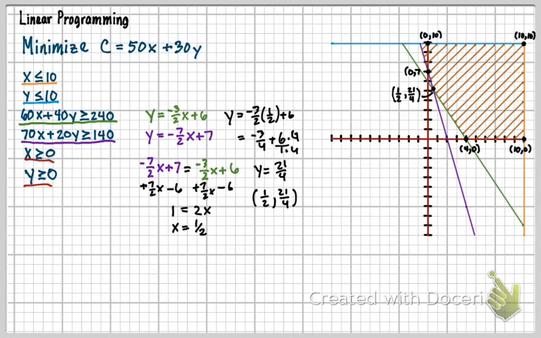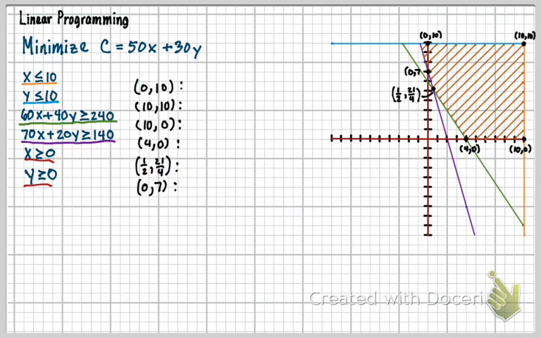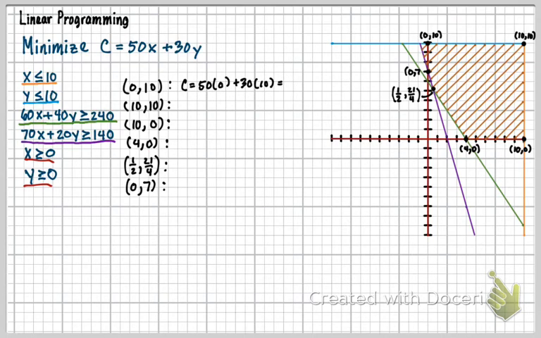Now remember, we're minimizing here. So now we're just going to have to test all of those and find the smallest combination there. I should say the combination that gives us the smallest cost. So for the first one, C equals 50 times 0 plus 30 times 10, and that equals 300.